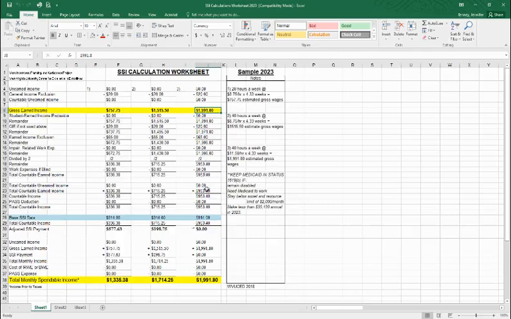If we went to the bottom of our calculations worksheet, that means that we would have $914 of SSI minus countable income of $953, which leaves us with an adjusted SSI payment of $0. Typically, when you get $0 of SSI, you are not eligible for SSI for that month or Medicaid for that month.